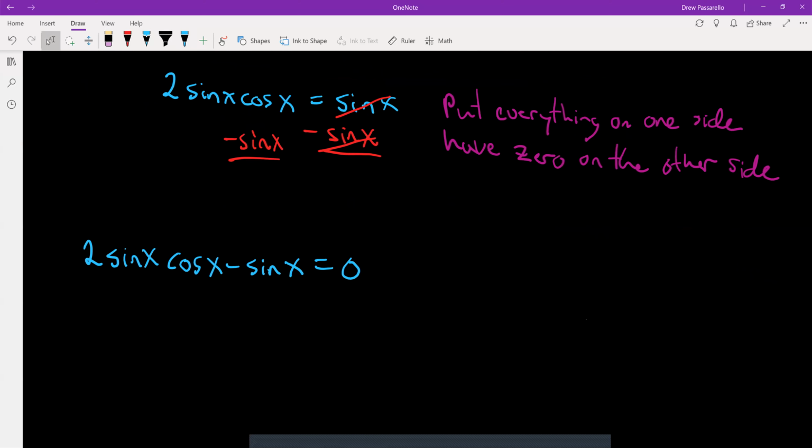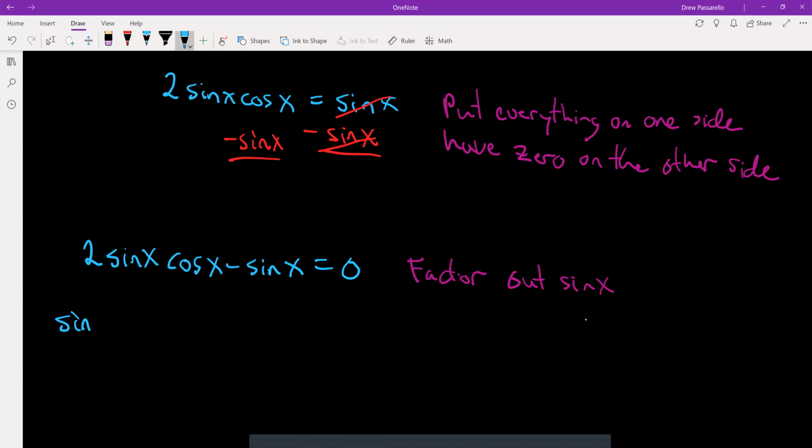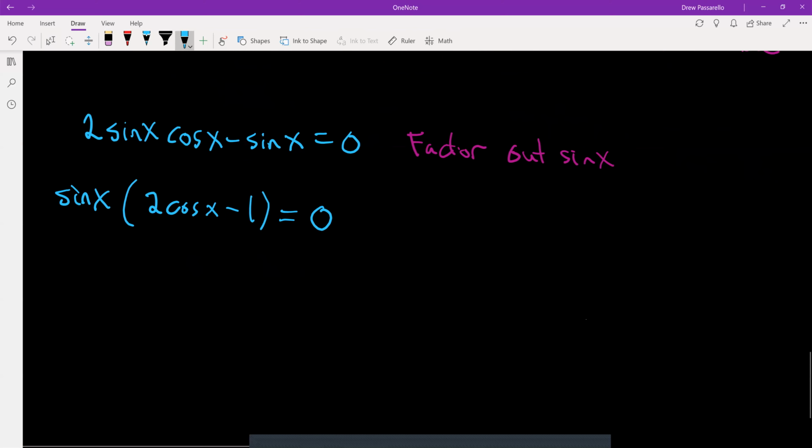Then I'm going to factor. And I can factor out sine x. That's going to leave me with 2 cosine x minus 1, and then equals 0. All right, I have 2 factors, which means I have 2 scenarios.